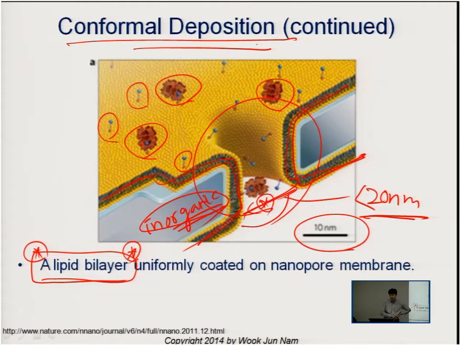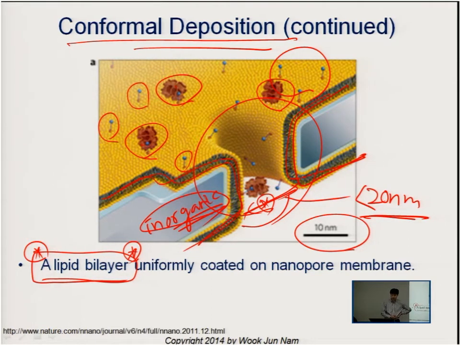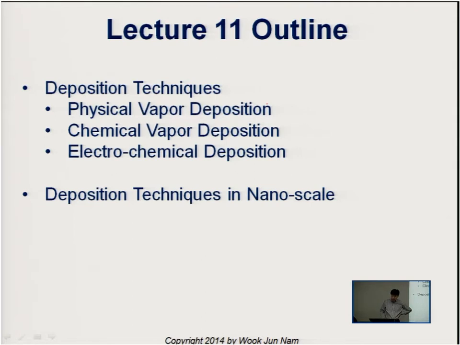People can use this kind of very conformal coating for nano applications, but the technique for this coating is very different from the techniques we discussed in this lecture for organic and inorganic material deposition. So these are the deposition techniques that I wanted to discuss today.